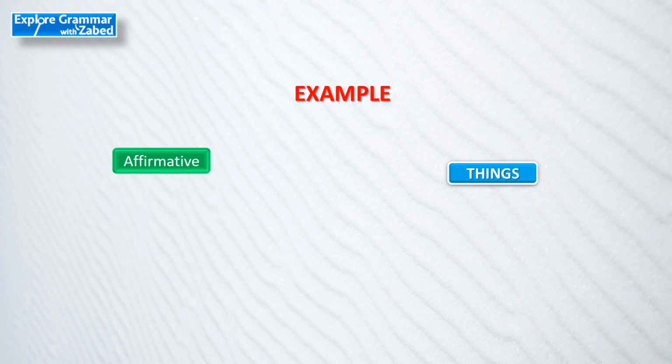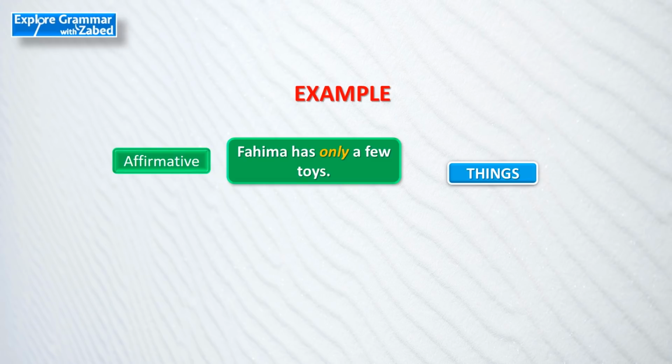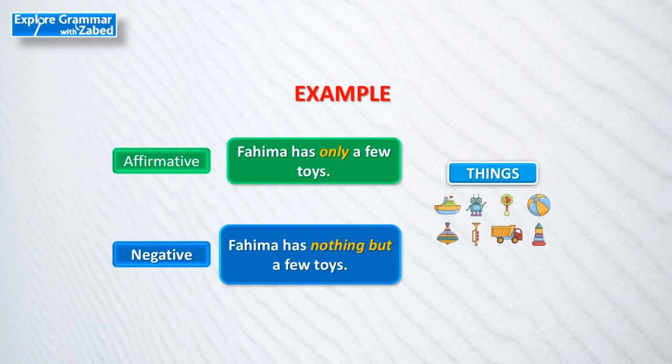Moving on with the next example. This is in case of things. Farima has only a few toys. Changing it from affirmative to negative, it becomes Farima has nothing but a few toys. Here, nothing but is used in case of things and toys are the example of things. Let's look into one more example. This is in case of number.